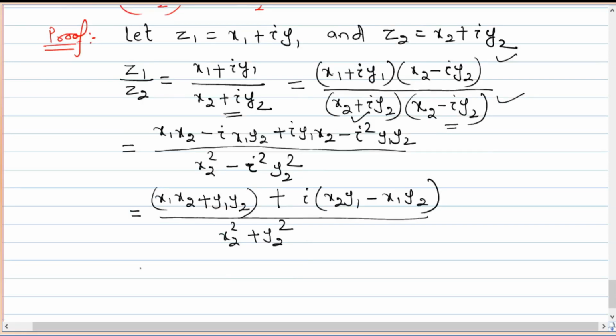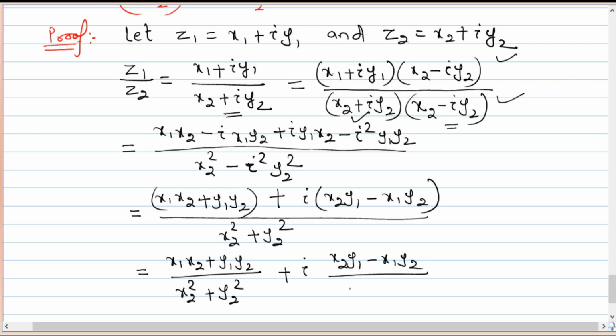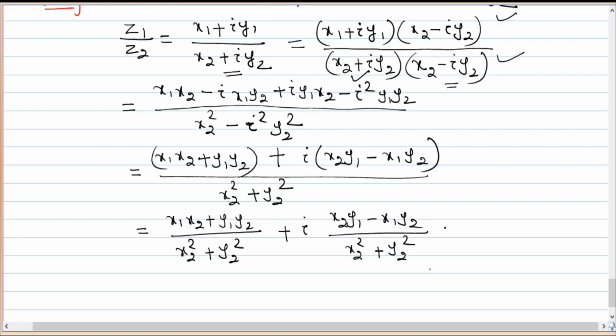So you can separate: x1 x2 plus y1 y2 all divided by x2 square plus y2 square, plus i whole into x2 y1 minus x1 y2 all divided by x2 square plus y2 square. Okay, this one is the result of z1 by z2.